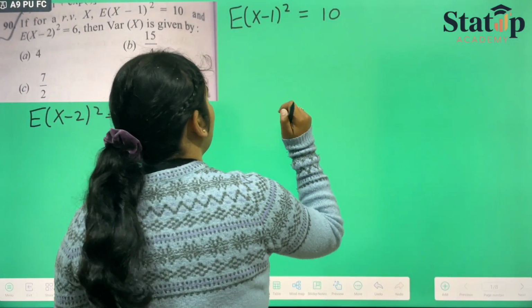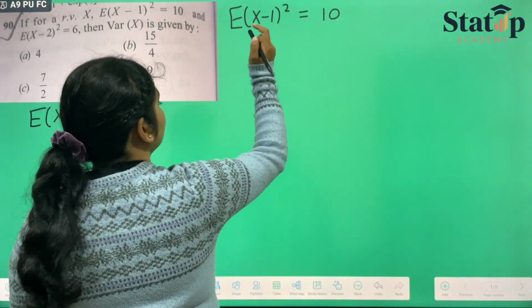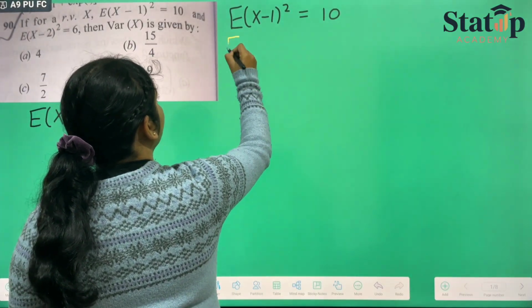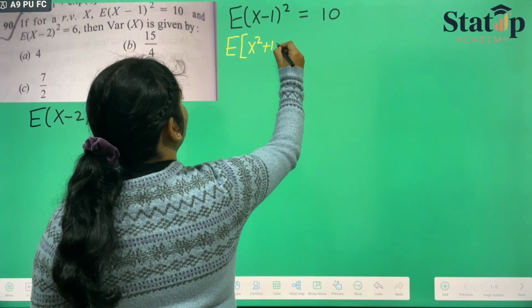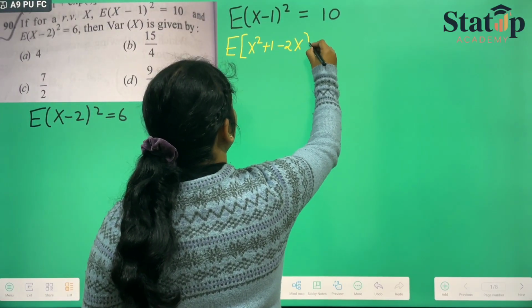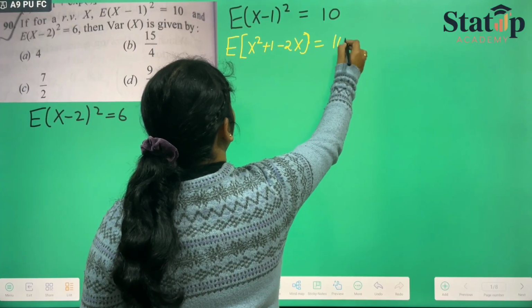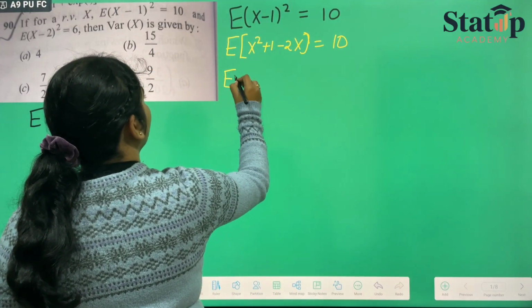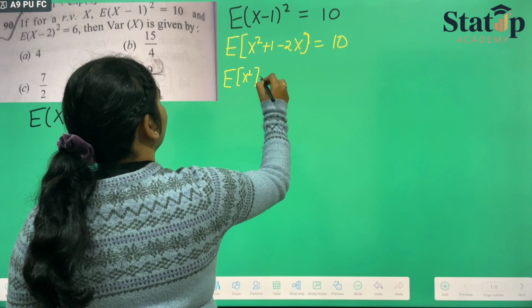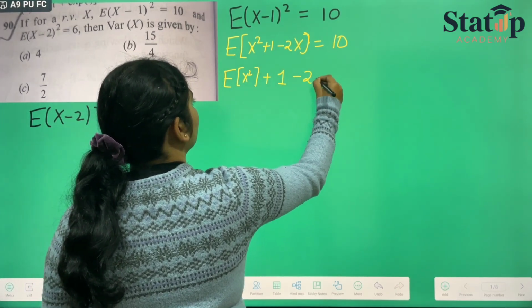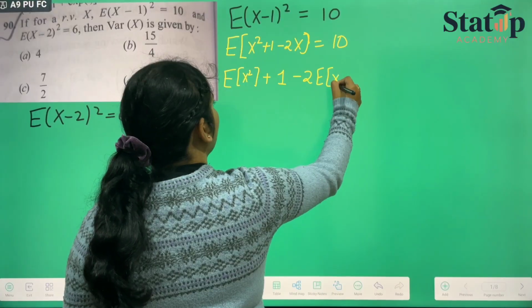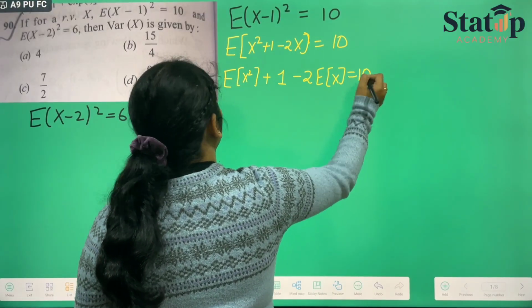First of all, let us solve these. If we expand the square, it will be expectation of x square plus 1 minus 2x is equal to 10. Expectation of x square plus expectation of a constant, which is the constant itself, minus 2 expectation of x is equal to 10.